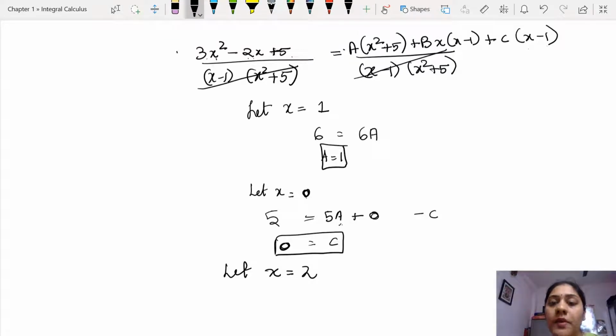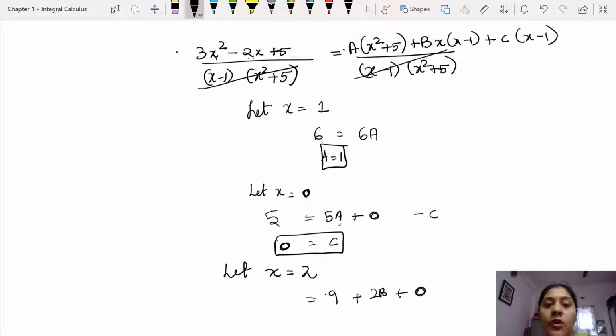When I take 2, it becomes 2 square. 2 square is 4, 4 plus 5 is 9. 9 into 1 is 9, plus, to find b, 2 into 2 minus 1 is 1, so 2b, plus 2 minus 1 is 1 into c. C is anyway 0.